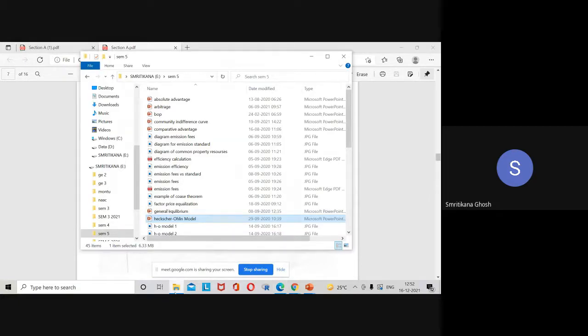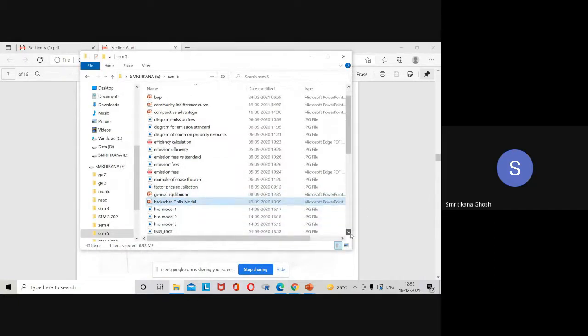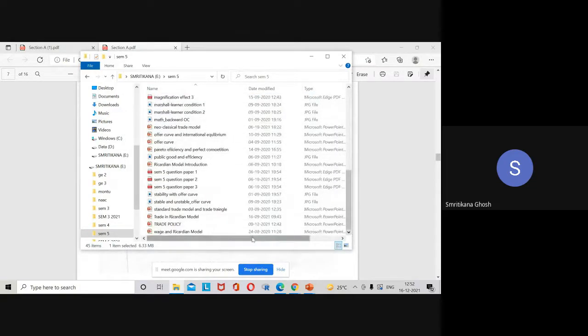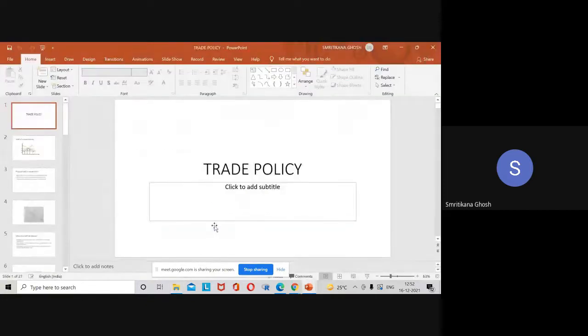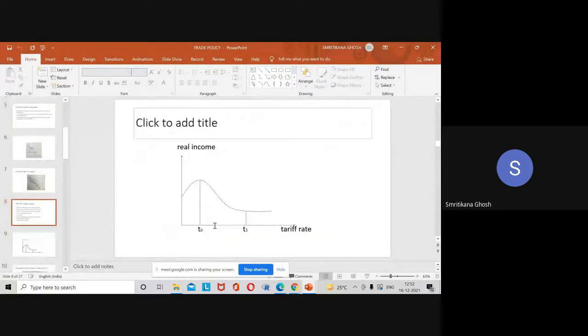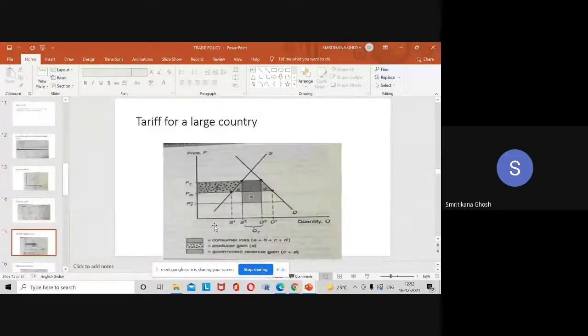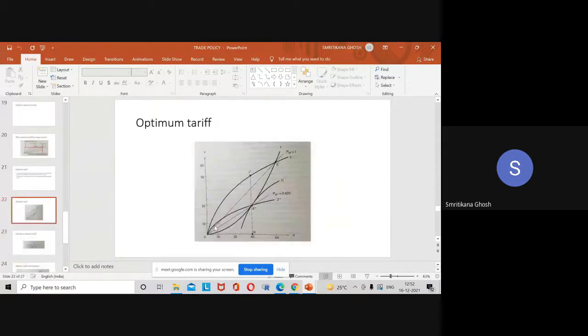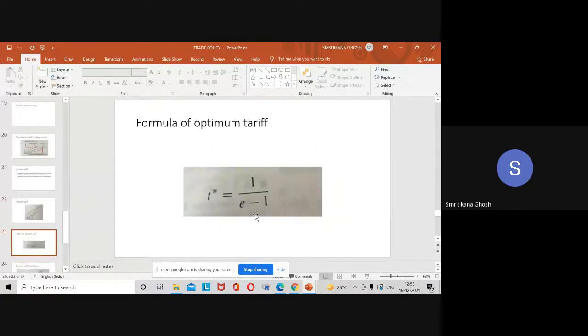Wait, I will show. Look, this is the value of optimum tariff, 1 by elasticity of import demand minus 1. That is what I showed.